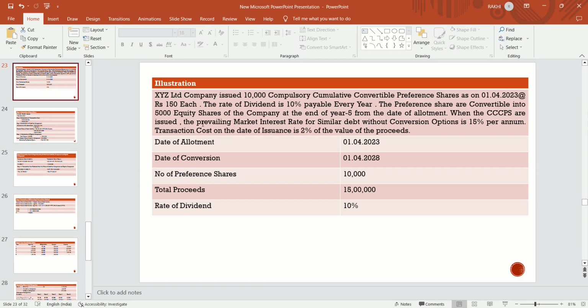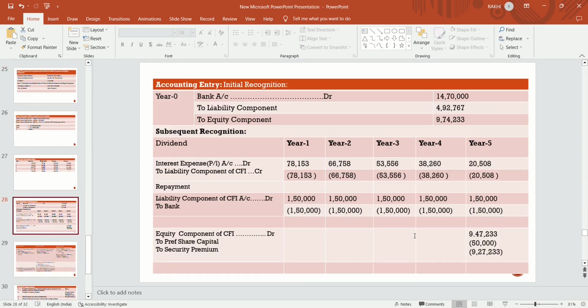The preference shares are convertible into 5,000 equity shares of the company at the end of year 5. So the number of shares converted is 5,000, face value is 10 rupees, so it becomes 50,000. So equity component of CFI account debit by 9,47,233 to preference share capital credited by 50,000, that is the face value, and the remaining amount is credited to security premium, 927,233. In this way, the accounting entry is to be done.